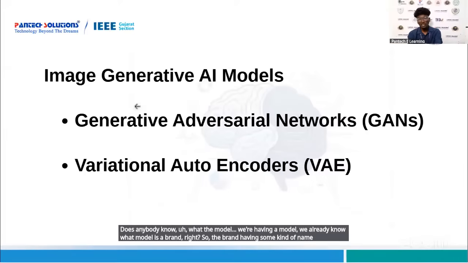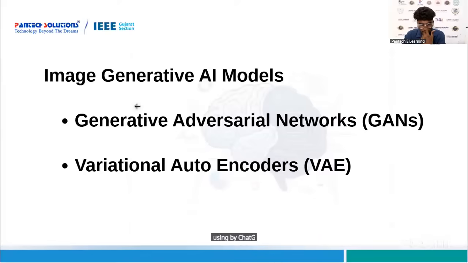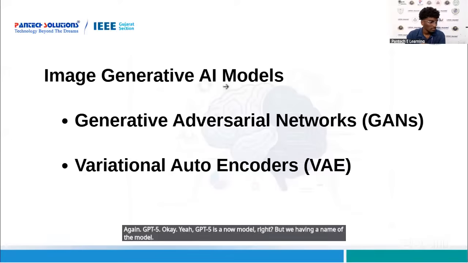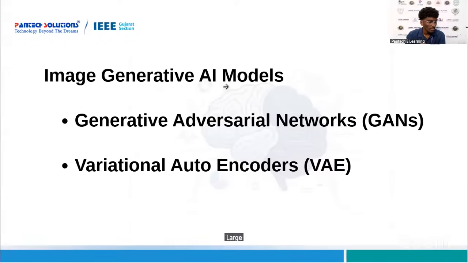Does anybody know the name of the model used by ChatGPT? Basically GAN and VAE are image generative AI models, not the model in ChatGPT. GPT-5 is the newest model, right? But we have a name for the type of model: large language model.